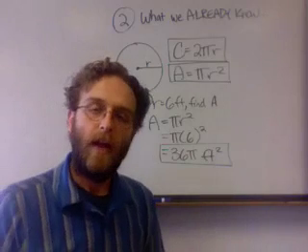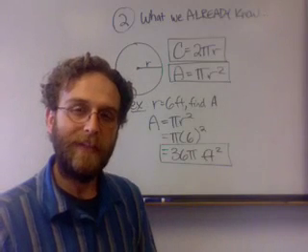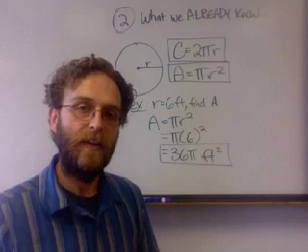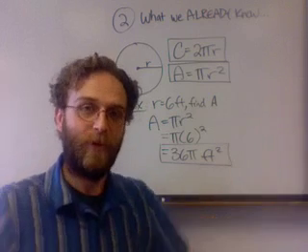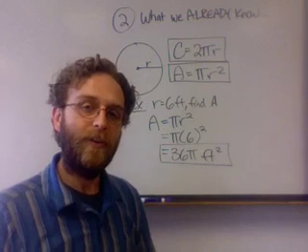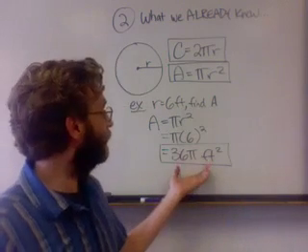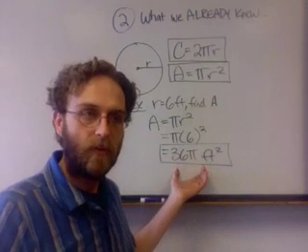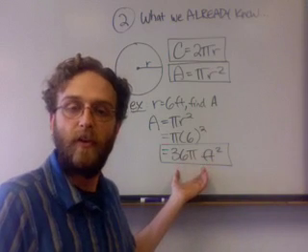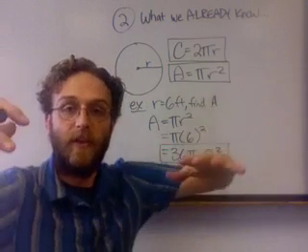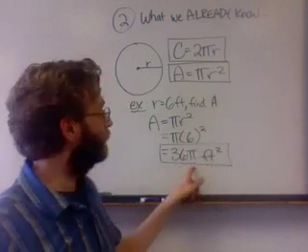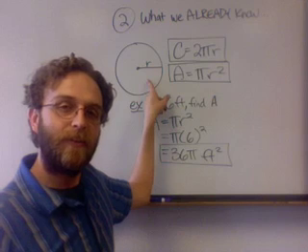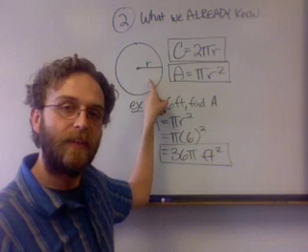Now, I want you to think about something. Let's say I made a sphere with the exact same radius. It had 6 feet. I made a huge sphere. If I took the area that we just found here, and I made, let's say, a towel or some sort of piece of paper that I could cover that sphere with, how many circles would it take to cover the sphere with the same size radius?